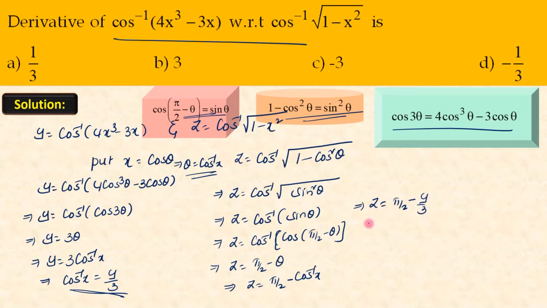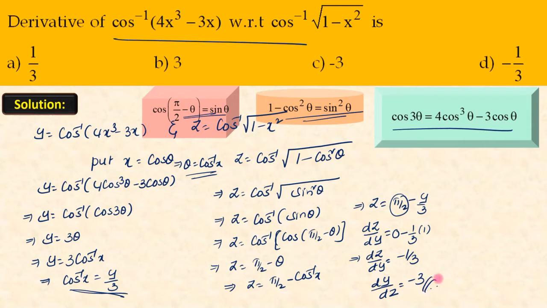Now differentiating with respect to y on both sides, we get dz by dy is equals to, here pi by 2 is constant, so differentiation is 0, minus here 1 by 3 is constant, differentiation of y is 1. So this implies dz by dy is equals to minus 1 by 3. Therefore dy by dz is equals to minus 3. Therefore the answer is option C.